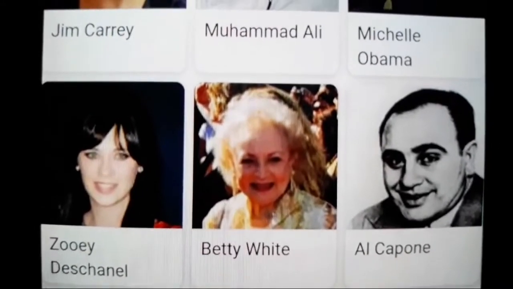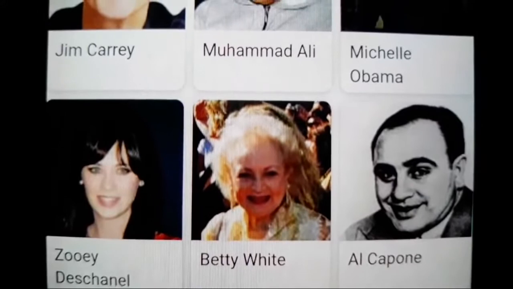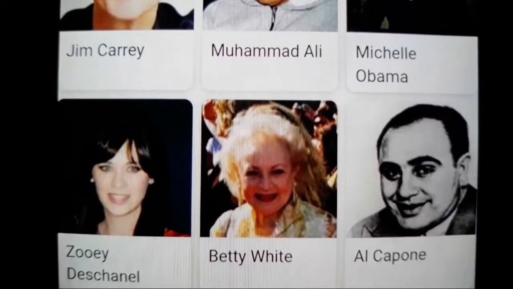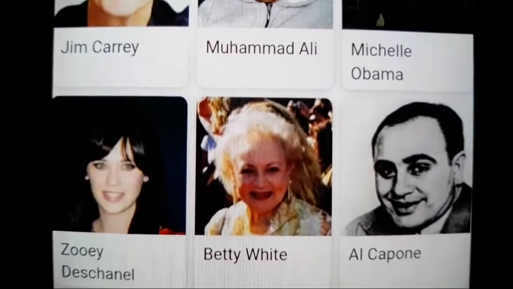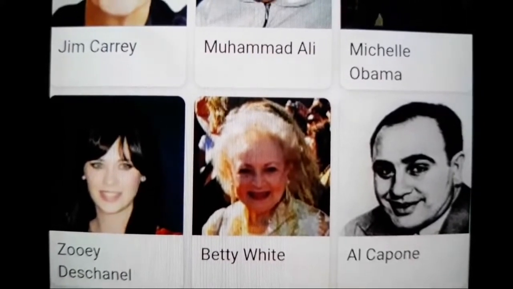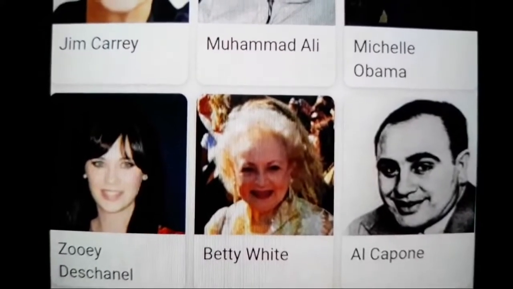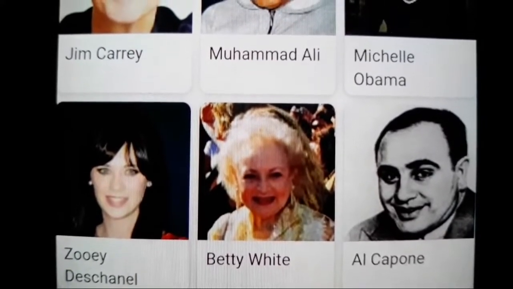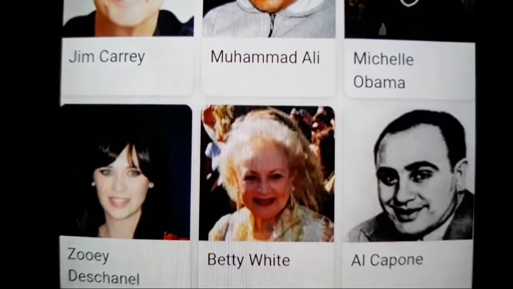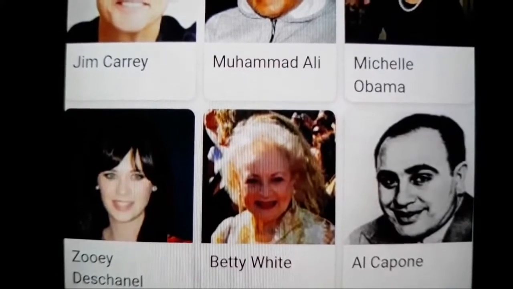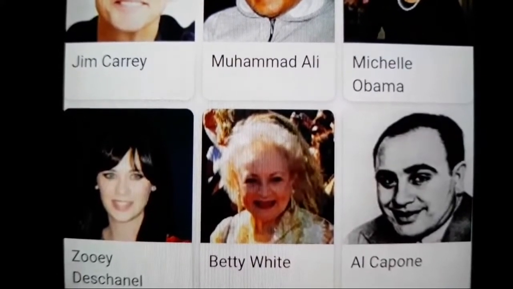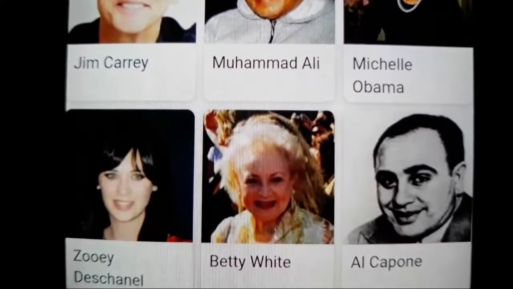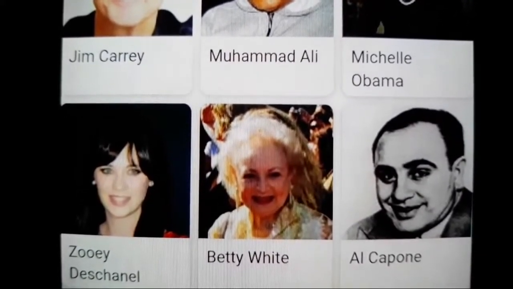You know what? I could show you something about Betty White, because for some reason there are people talking about Betty White because she kind of looks like the Queen of England, supposedly, Queen Elizabeth II. She's 98, Queen Elizabeth is 94, I think. But what's the connection here between Betty White and the Queen, besides them looking alike? If you look at their earlier images, they looked alike when they were younger.